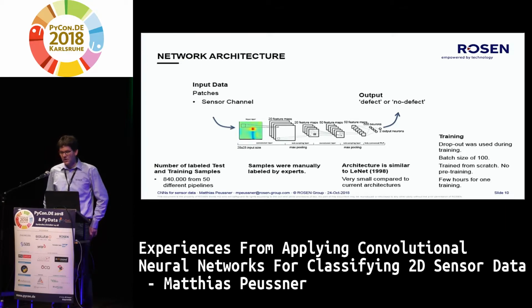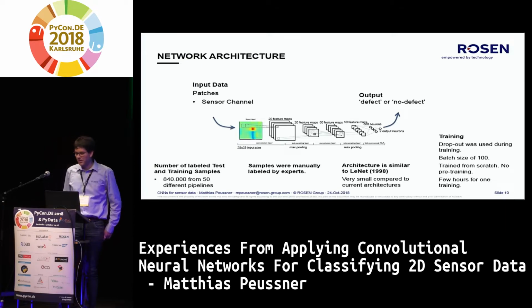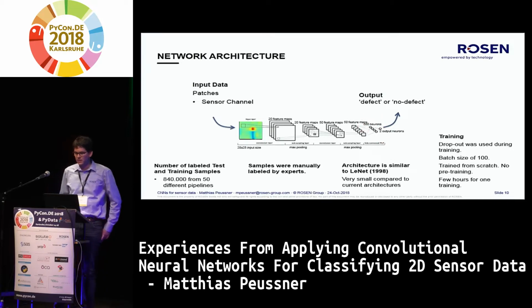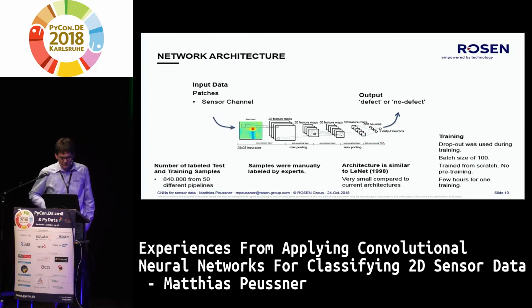And that's how the network looks. It's a very, very simple one. Just 2 convolutional layers, followed by a max pooling layer. At the end, there is a fully connected layer with 500 neurons.